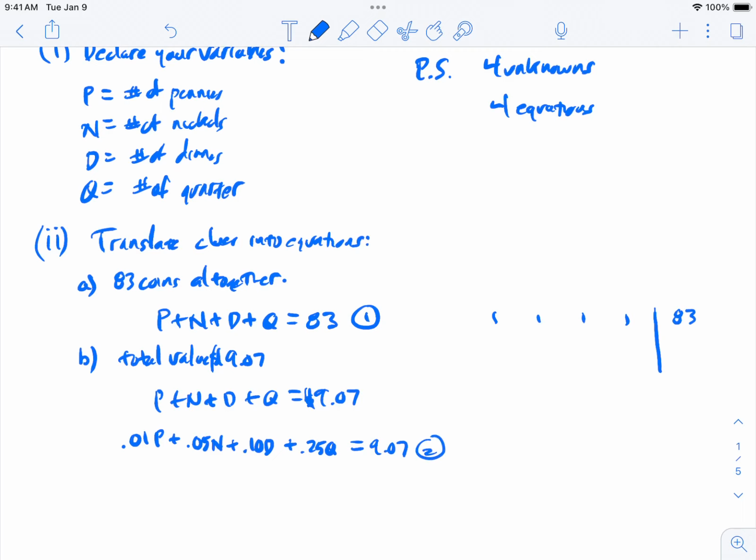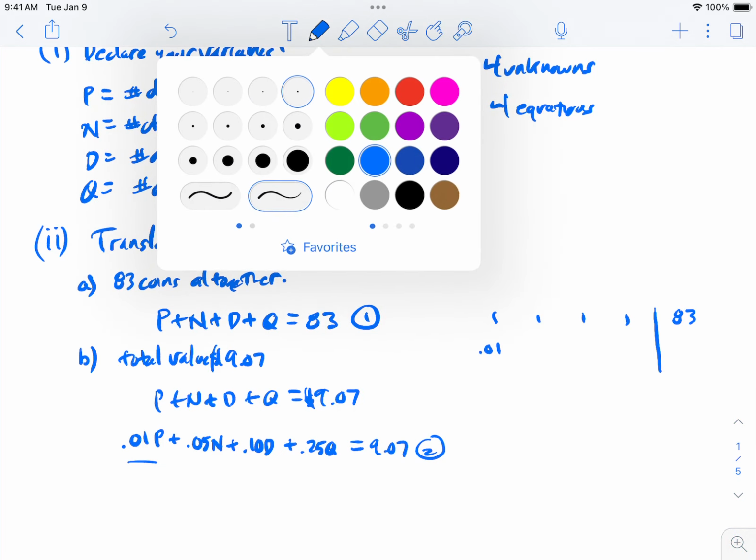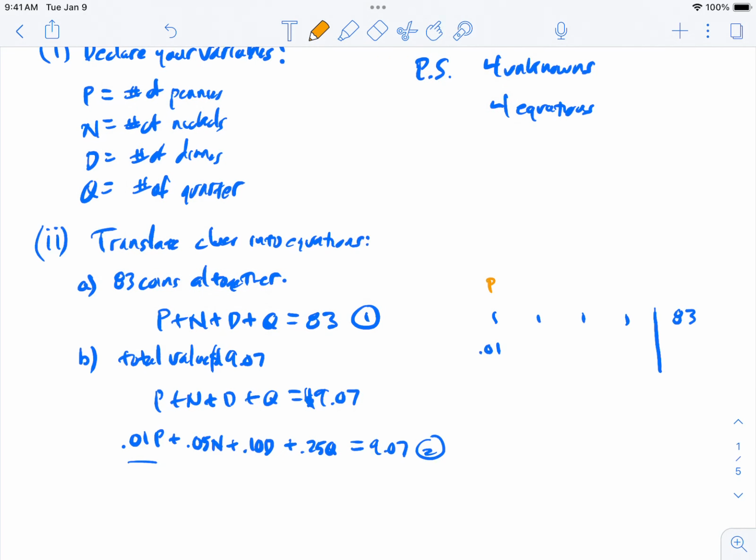And you know what? Why don't we just code? We might as well keep coding this matrix over here. I like this. Let's build it as we go. So I can put the 0.01 coefficient of P here. Sometimes I do this just as a reminder to myself; it helps me remember what the columns all stand for.